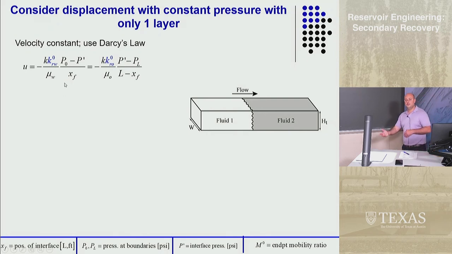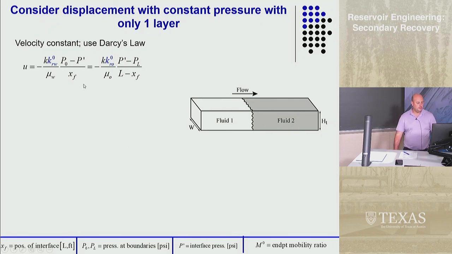But you could equivalently write Darcy's law for the oil phase, right? So we use the oil viscosity. This distance is L minus XF, and it's P prime minus the pressure at the producer well, which I called PL here. Maybe we called it P1 in our notes the other day.